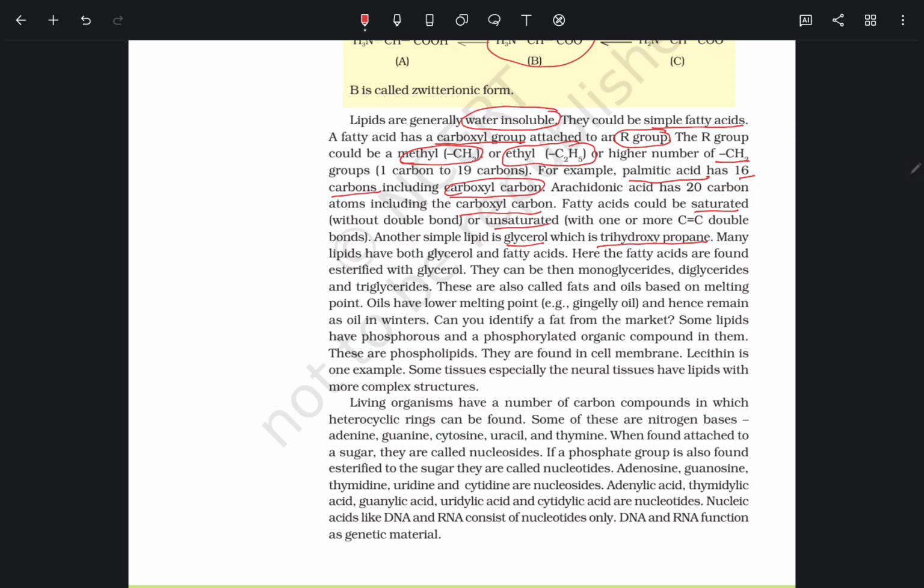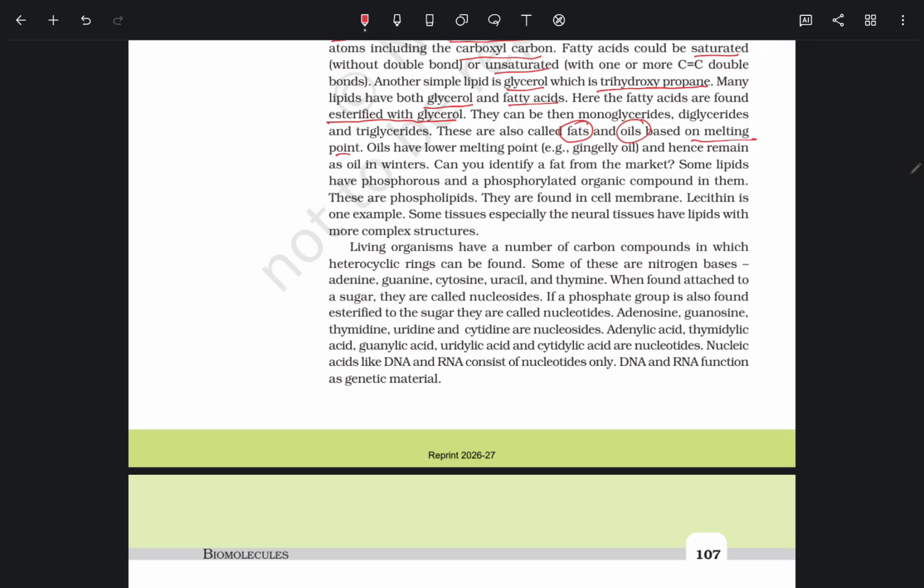Many lipids have both glycerol and fatty acids. Here the fatty acids are found esterified with glycerol. They can be then monoglyceride, diglyceride and triglyceride. These are also called fats and oils, based on melting points. Oils have a lower melting point, hence remain as oil in winter.